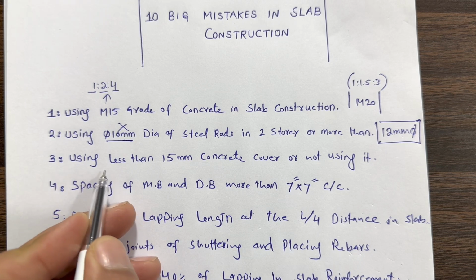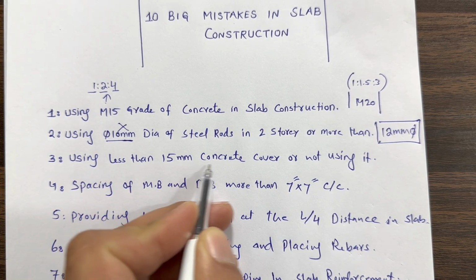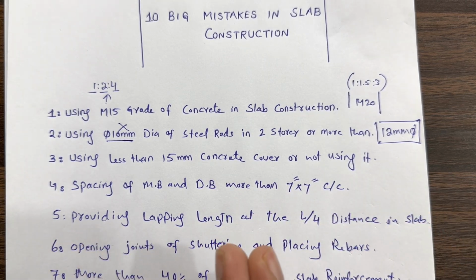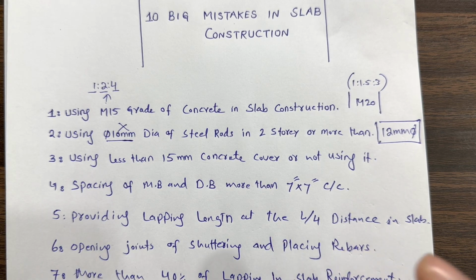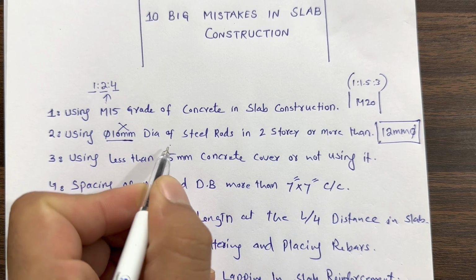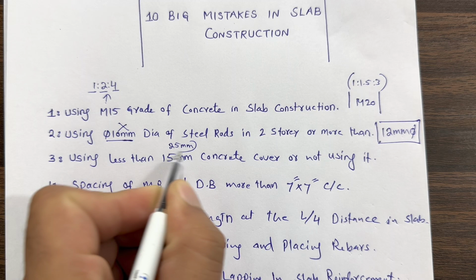Next guys, using less than 25 millimeter concrete cover or not using it at all. Concrete cover or concrete blocks are very important to provide in the construction of an RCC slab. Minimum you can use 25 millimeter, which is 1 inch.